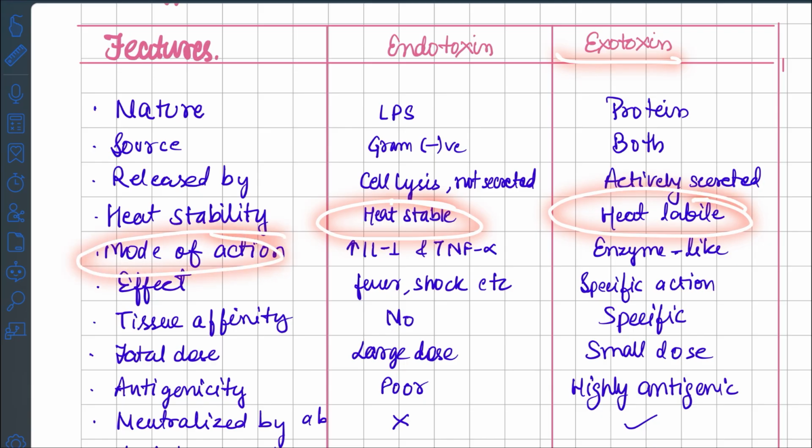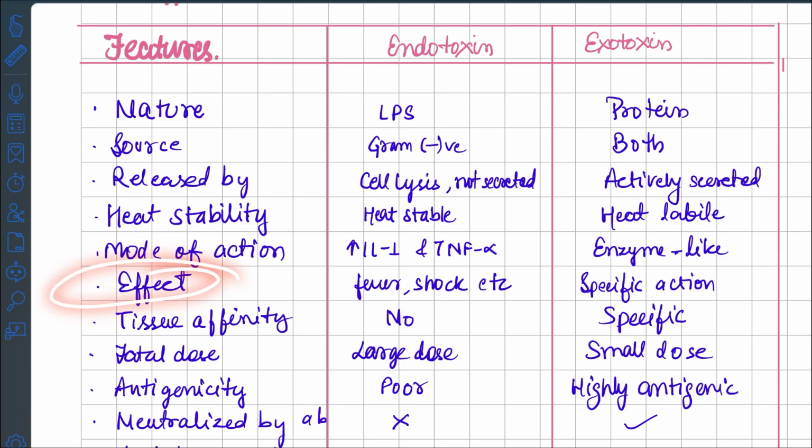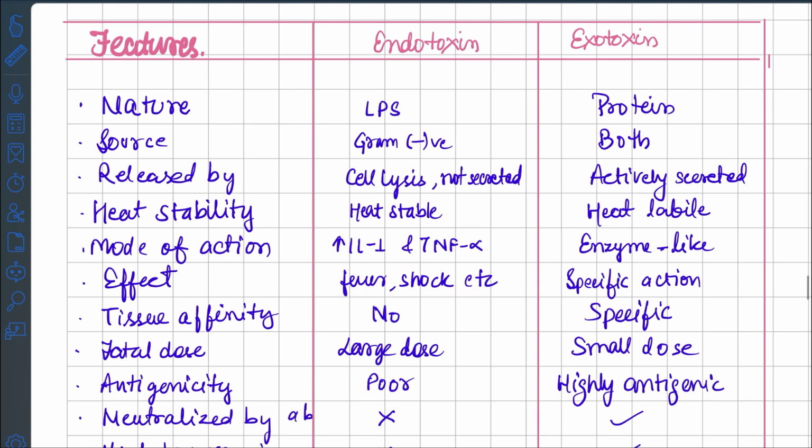The mode of action: we saw so many, but among them the major one is the release of interleukin 1 and TNF alpha, that is the cytokine release, whereas exotoxin causes enzyme-like action. Effects of endotoxin can be fever, DIC. We saw so many effects, and ultimately shock and death can also be one of the complications.